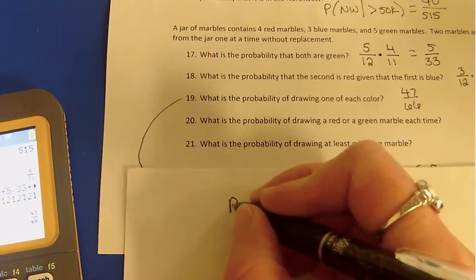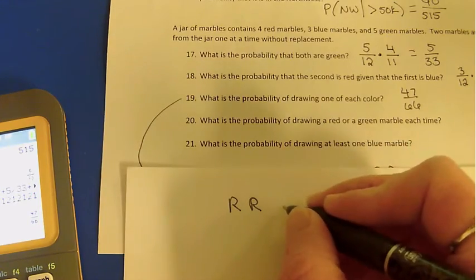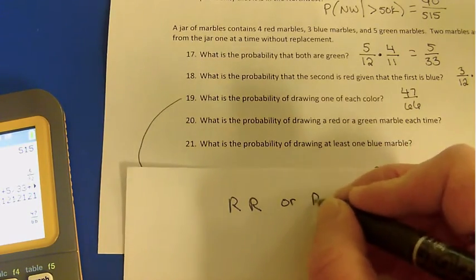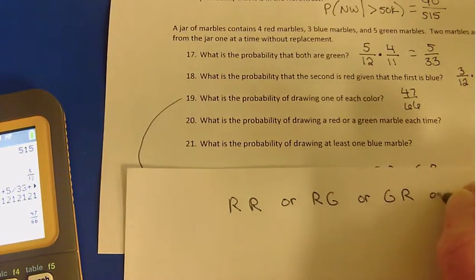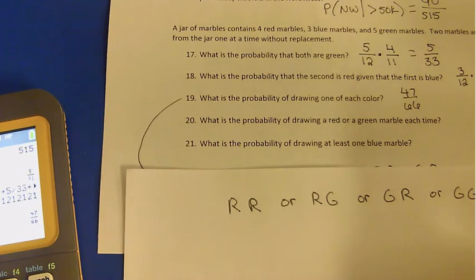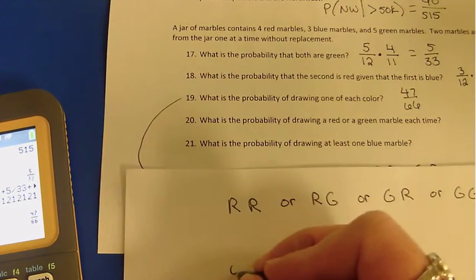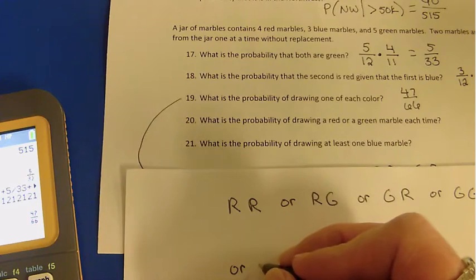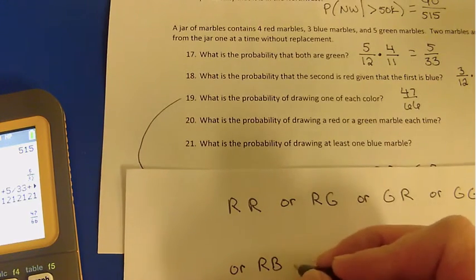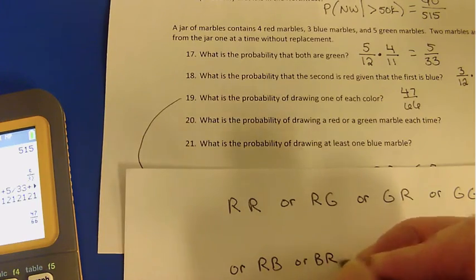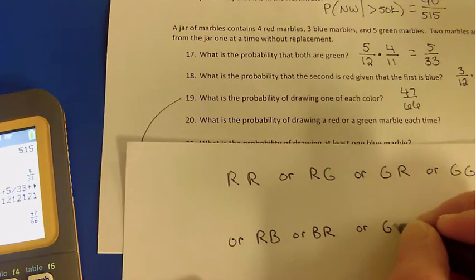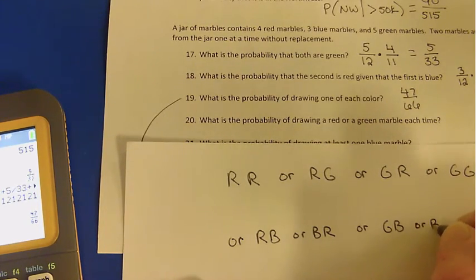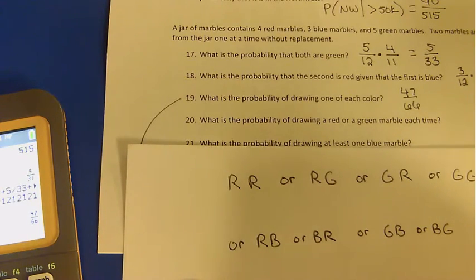So it could be a red and a red, or a red and a green, or a green, then a red, or a green, then a green, or a red and a blue, or a blue and a red, because it just said a red or a green, or a green and a blue, or a blue and a green. Did we cover all the different ways we could have a red or a green marble?